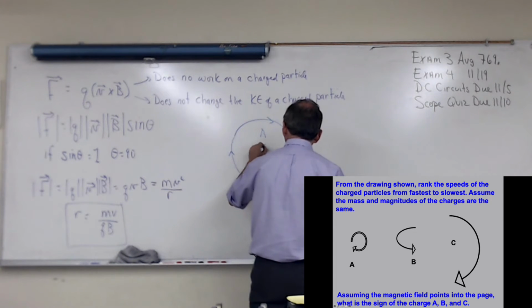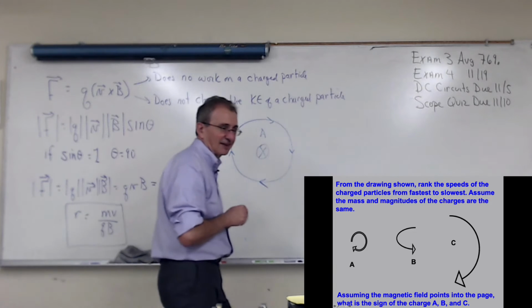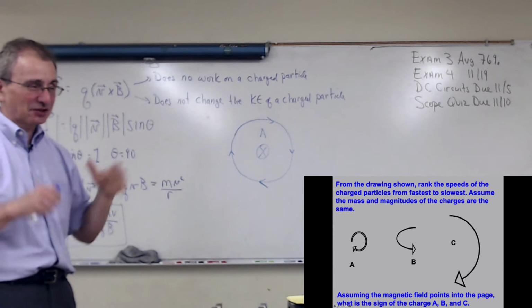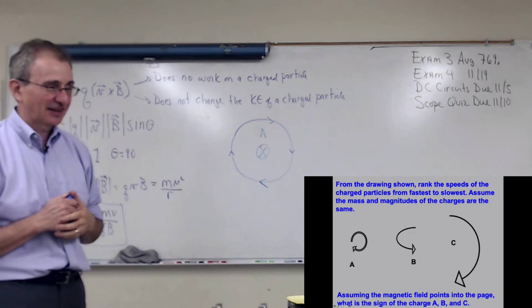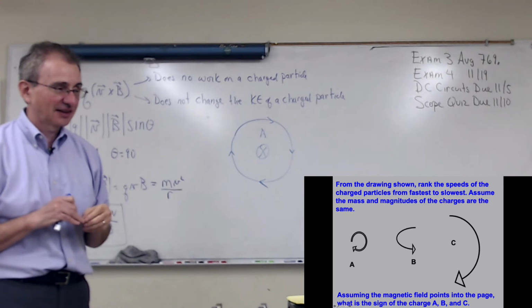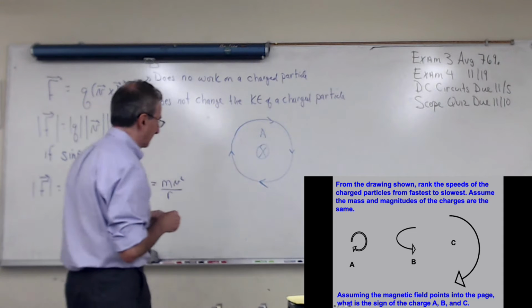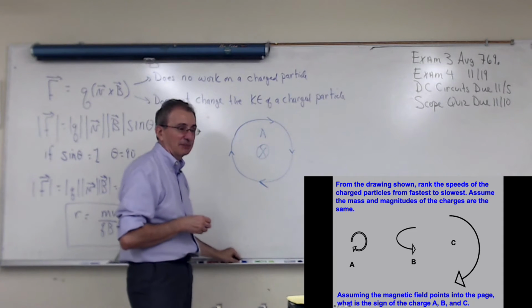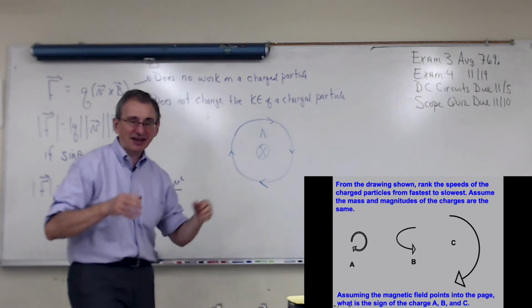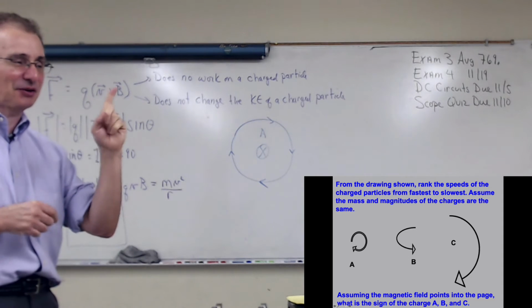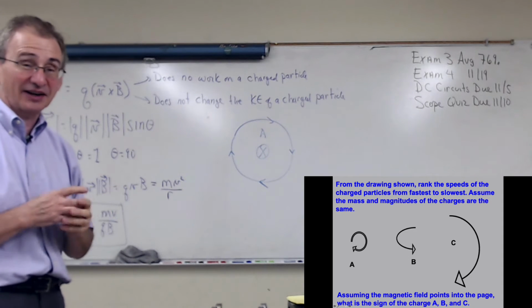I can't tell what they are, but I can tell C and A are the same, and B will be different. Okay, that's good. I was trying to think that because it says the magnetic field points into the page, B is going in the opposite direction of A. So we can tell that A and C have the same sign and B has the opposite sign. So if I can figure one of them out, I'm done, right?